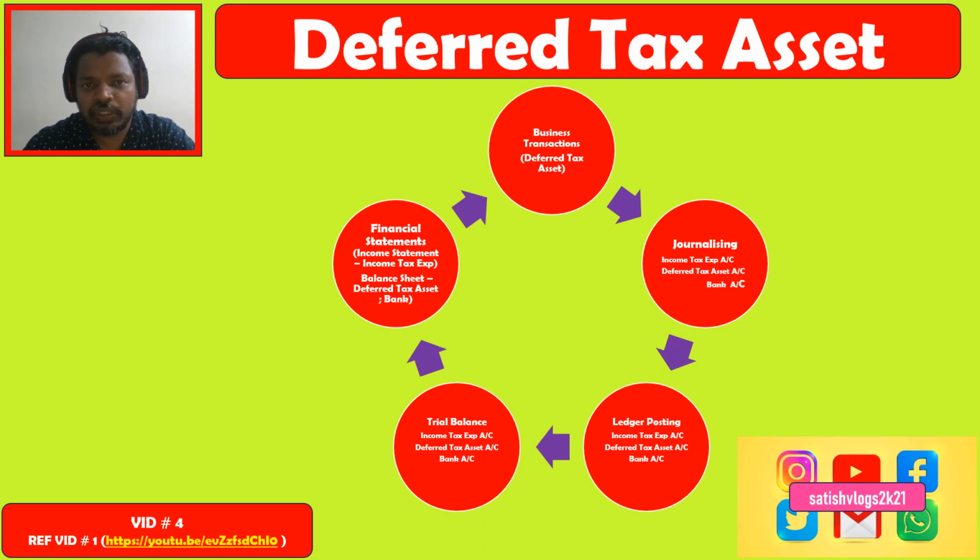Now let's move to the next phase of the accounting cycle, which is the journalizing phase. For the business entity, whatever tax expense is incurred needs to be paid out in terms of bank or cash. So for that reason, I would be crediting the bank account. Now I need to bifurcate the total tax amount between the tax expense and the deferred tax asset. How does that need to be done?